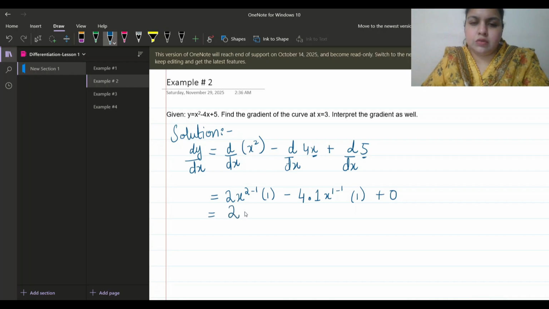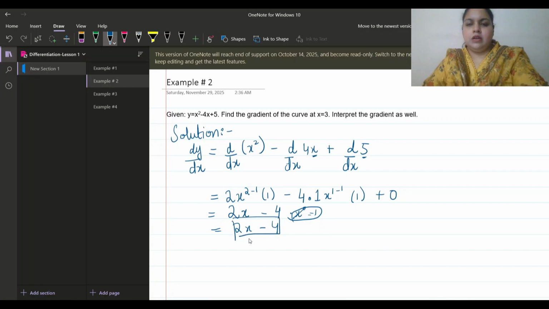So it's 2x minus 4, since x to the power 0 equals 1. So it's 2x minus 4. This is our general form.